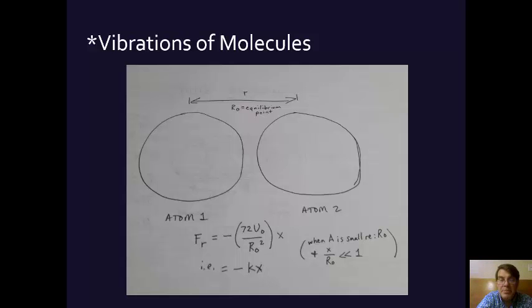When the vibration amplitude change is very small in relation to the equilibrium distance between the centers of the two atoms, that is, when the variation between the molecules divided by the equilibrium distance is much smaller than 1, then this would be true.